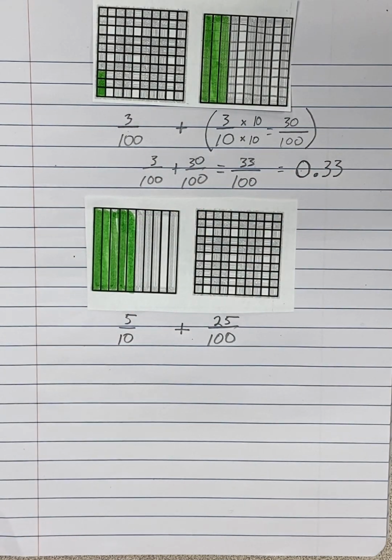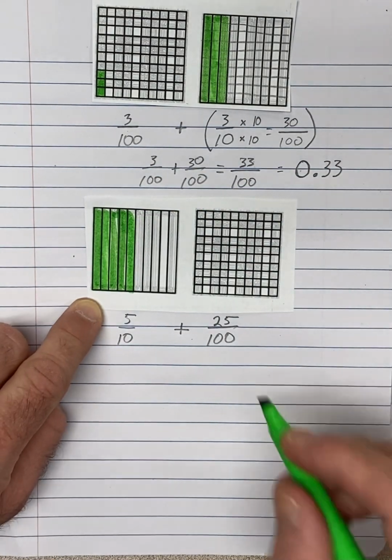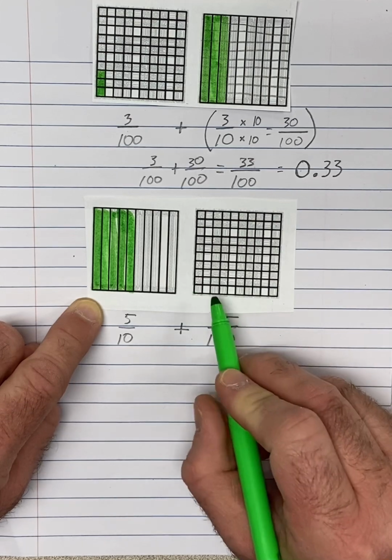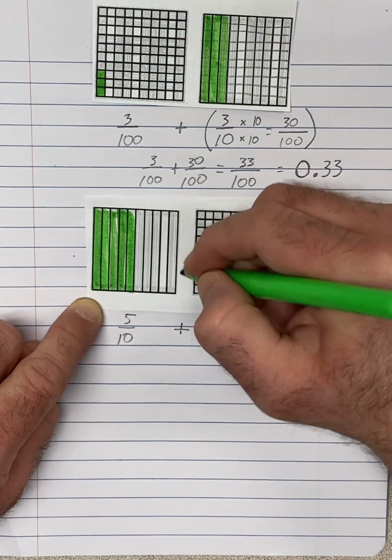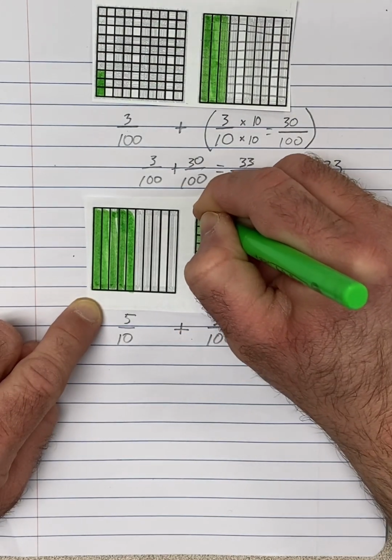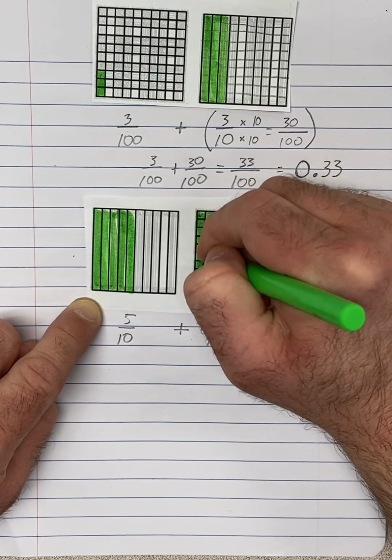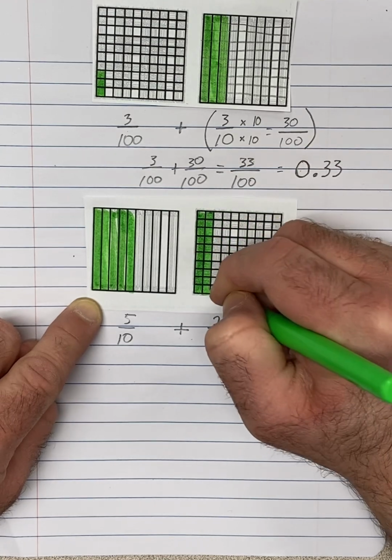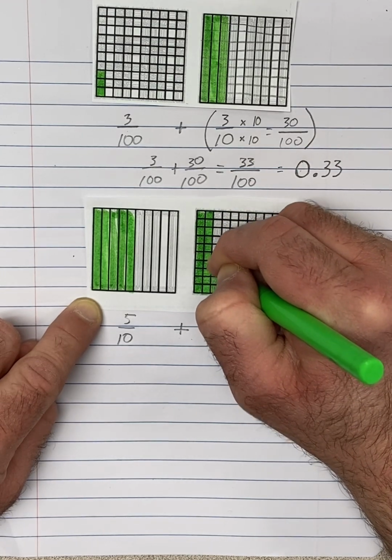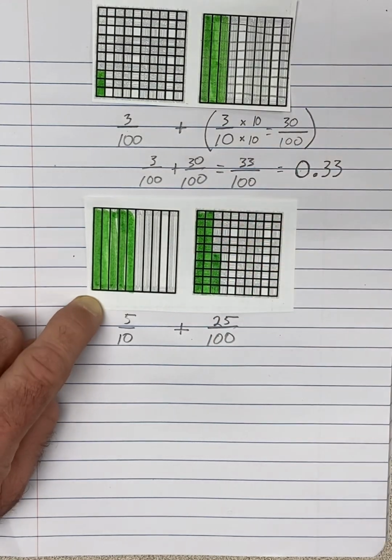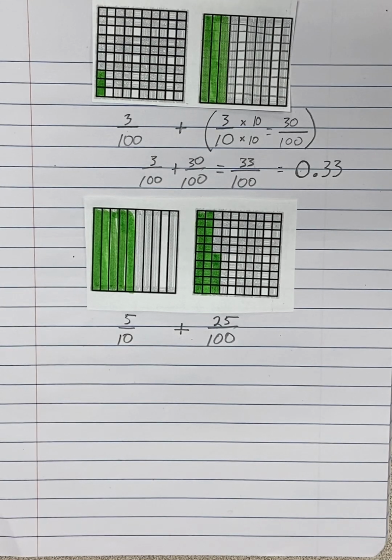I have 5/10ths shaded in. Now on this side, I'm going to shade in 25 of the 100. I can shade in this whole row, which would be 10. This would be 20, and then I need to shade in 5 of the cubes to make it 25.